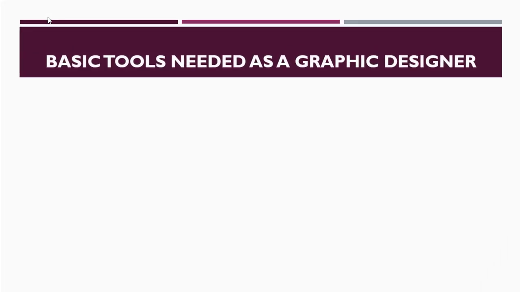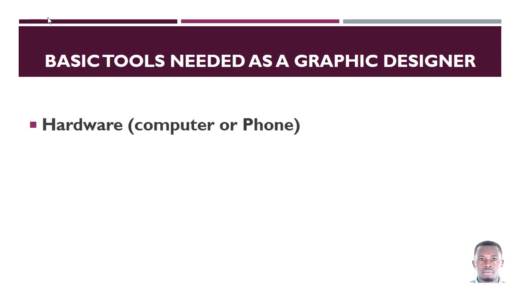Now, before you become a graphic designer, there are some basic tools that you need to have. They are basic, so you cannot do away with these tools that we are going to talk about now. First is the hardware. Before you can be a designer, you need to get a computer or phone. Currently, there are some simple software that helps you to create designs using your phone.